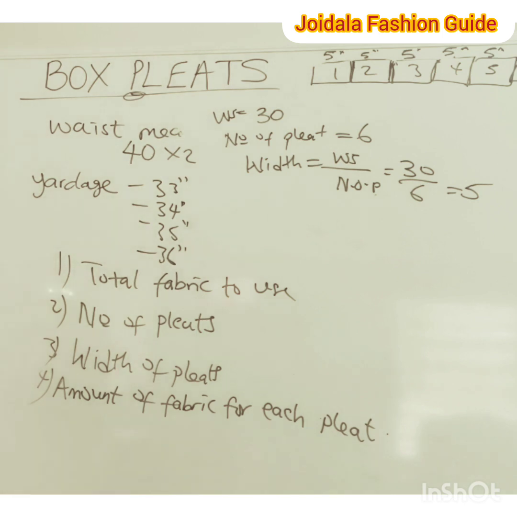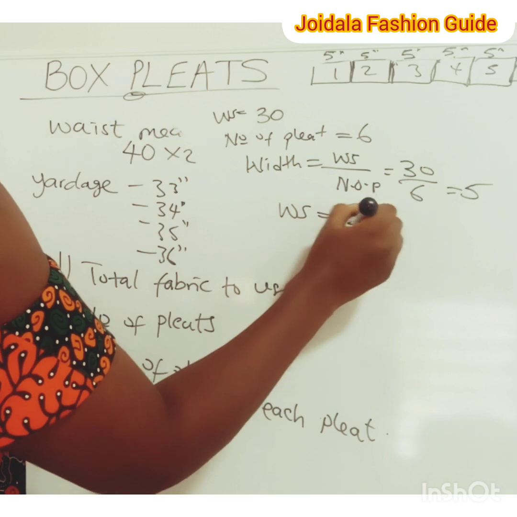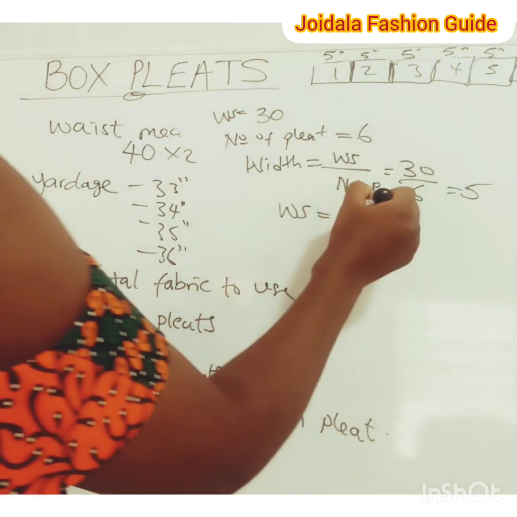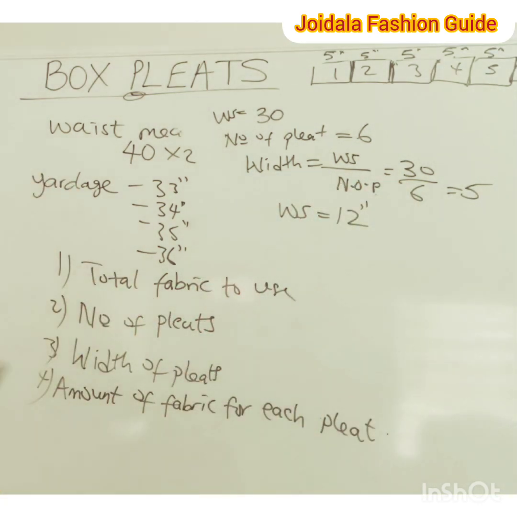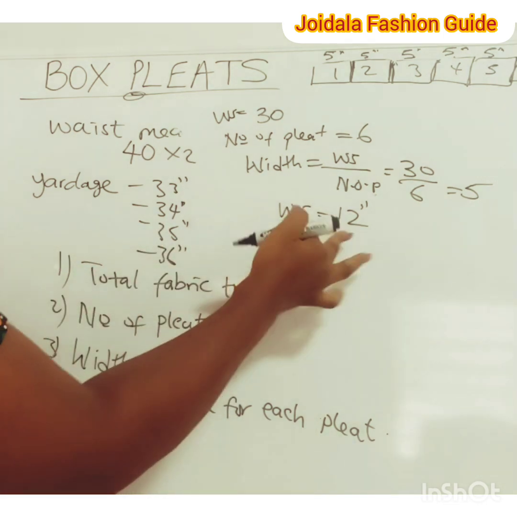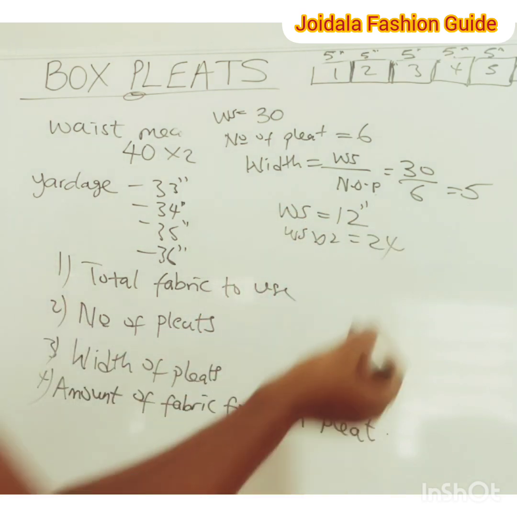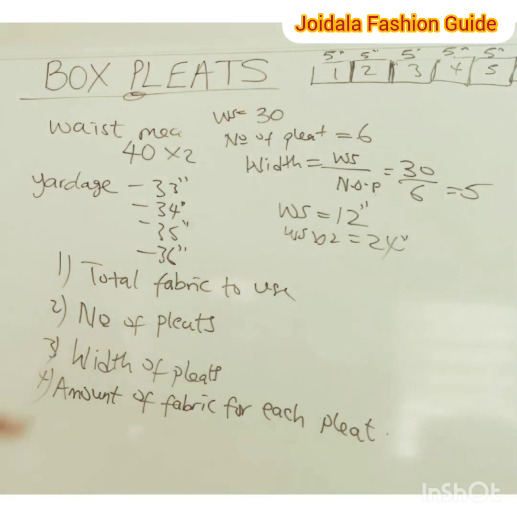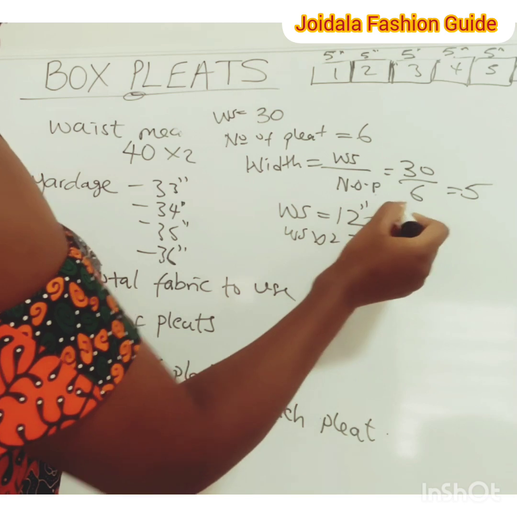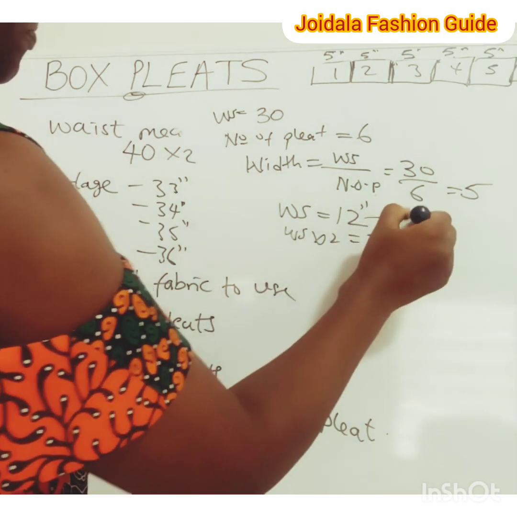So if, for example, we are working with a waist of 12 inches, and then we decided that we are going to make use of a fabric multiplying the waist by 2 to have 24. So the total fabric we are using is 24 inches. And for this waist, we want to have 4 pleats.